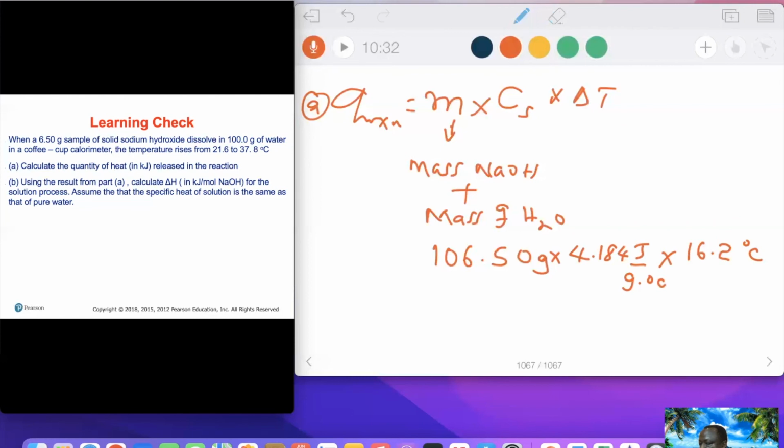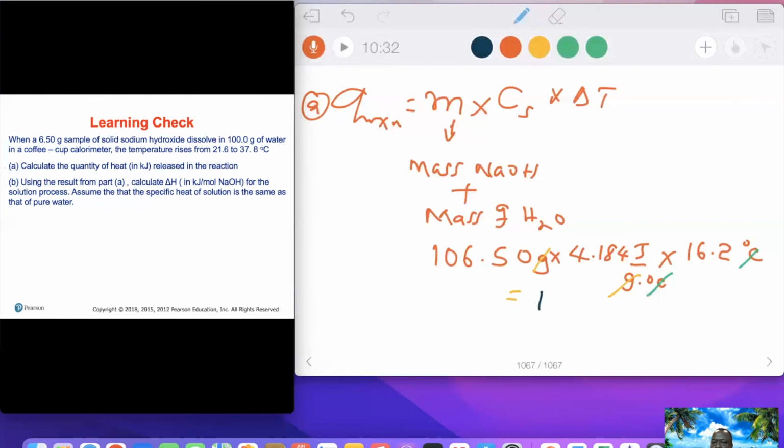So degrees and degrees will go away, grams and grams will go away, and we will remain with joules.